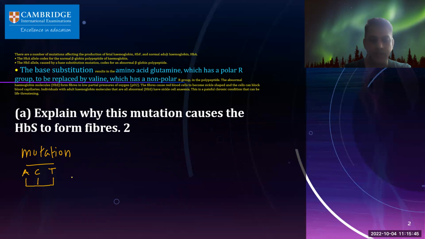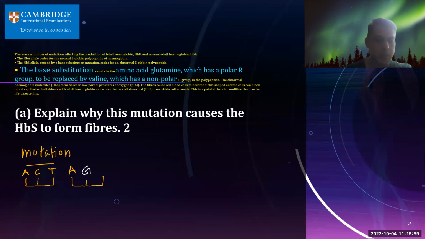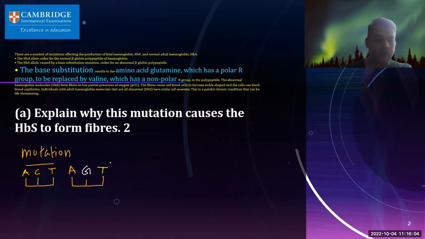If a mutation happens, A is still here, and C is replaced with G. So here C is substituted with G. This is called substitution mutation, or base substitution.